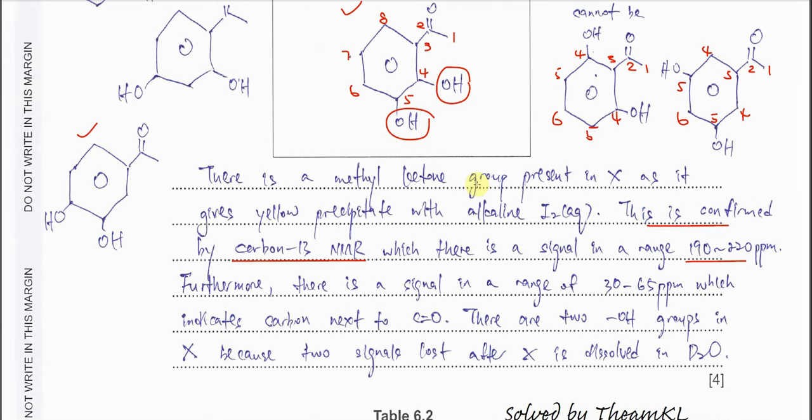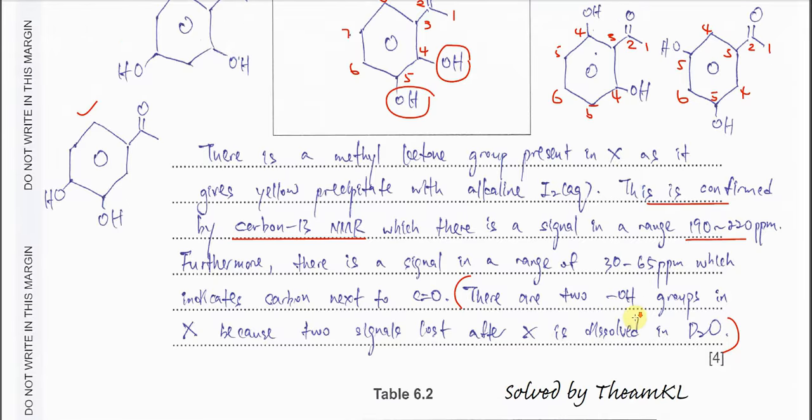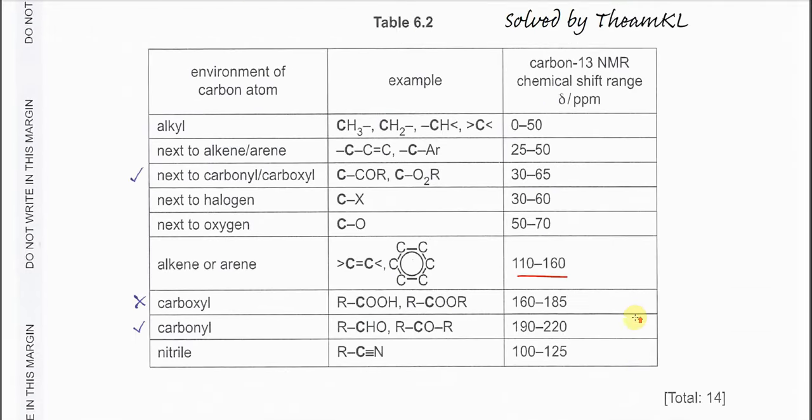And of course, there is a signal in the range of 30 to 65. It's telling us there is a carbon next to the carbonyl, so it's further confirmed to be the methyl ketone. And there are 2 OH groups, because 2 signals are lost after X is dissolved in D2O. We are quite sure the 2 signals must be from the OH, not from COOH. Okay, that's all. Thank you.